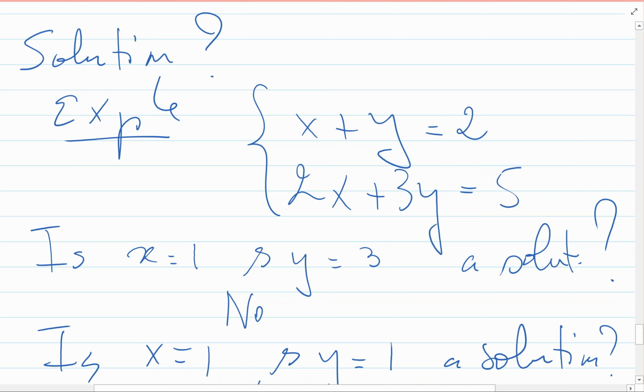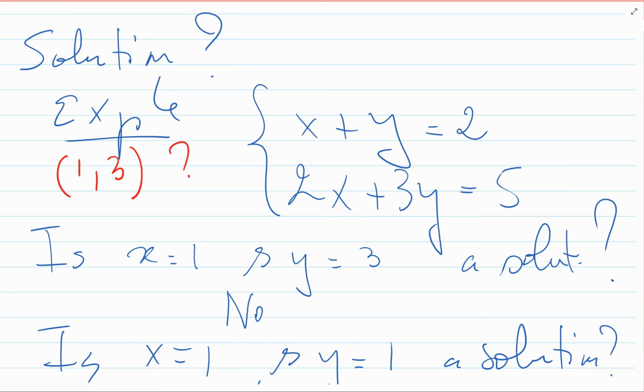To avoid these problems, in my system, x is the first unknown and y is the second unknown. So when I give you 1, 3 and ask whether it is a solution, it means the first number 1 is for x, and the second number 3 is for y.